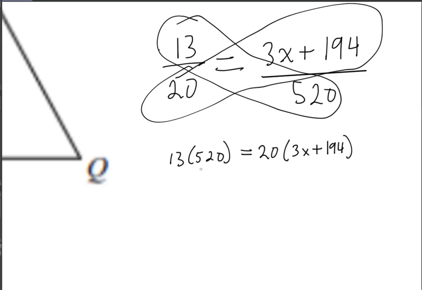So now I'm going to go ahead and actually multiply them. 13 times 520, once again, this is going to be a large number, is 6,760, is equal to, this 20 gets distributed in, which is 60x plus 20 times 194, which is equal to 3,880.